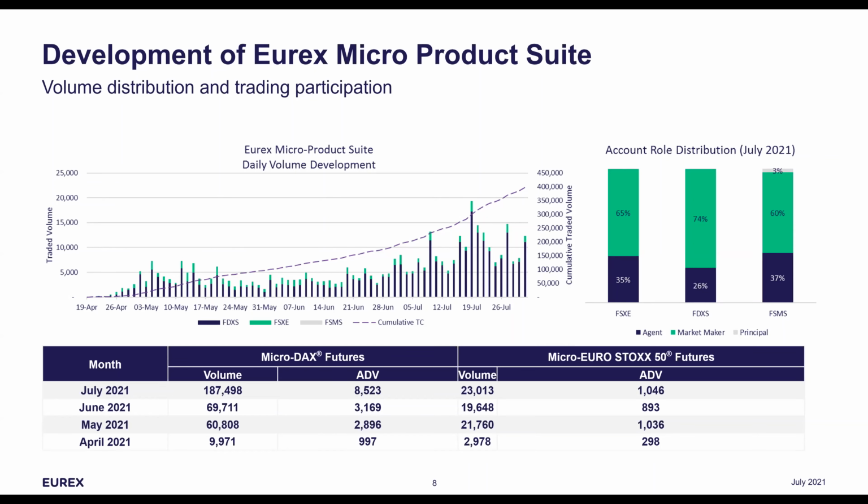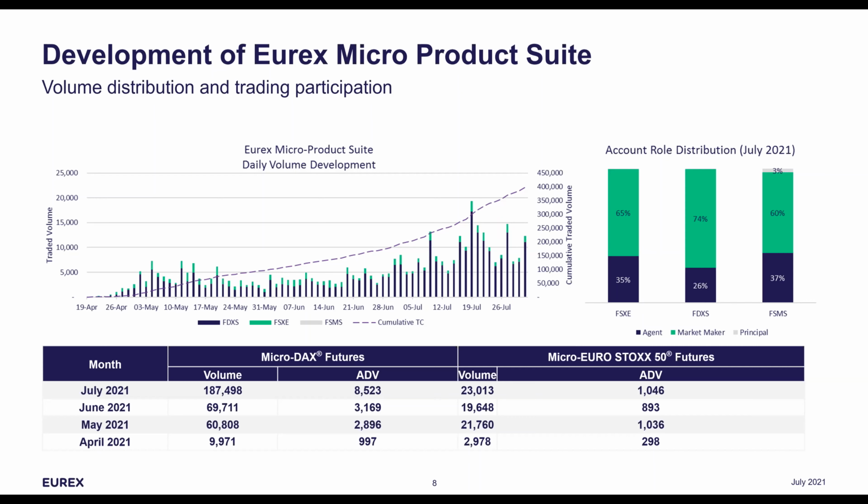But more importantly, I think, is the fact that we see a very improved order book. In the beginning, the DAX spread was about 4 to 5 points, but now, because we have incentive schemes for market makers, and we now have 6, 7 market makers in place who trade and quote the DAX, we have a spread of about 1 point in the DAX and 1.5 points in the Euro STOXX.